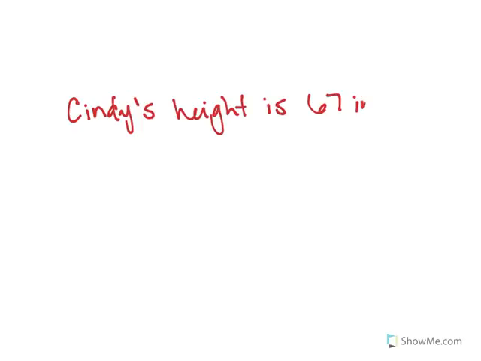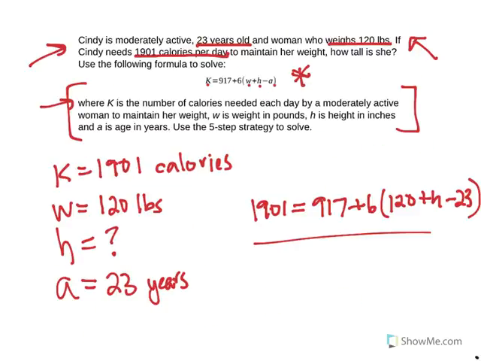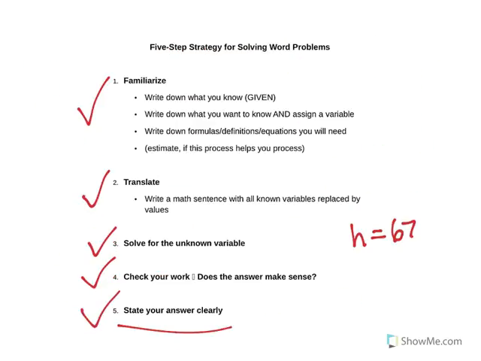We can write that as Cindy's height is 67 inches, or how we normally talk about people's height, we could say 5'7". Now we have successfully completed this problem, and you're good to go.